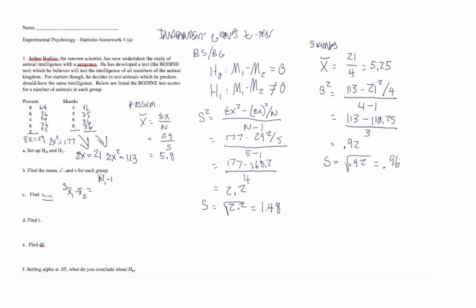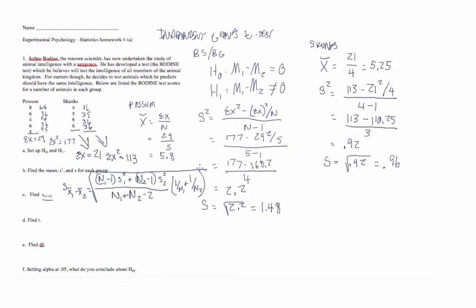That's n1 minus 1 times the variance for group 1 plus n2 minus 1 times the variance for group 2, over n1 plus n2 minus 2, times 1 over n1 plus 1 over n2, all under a root sign.